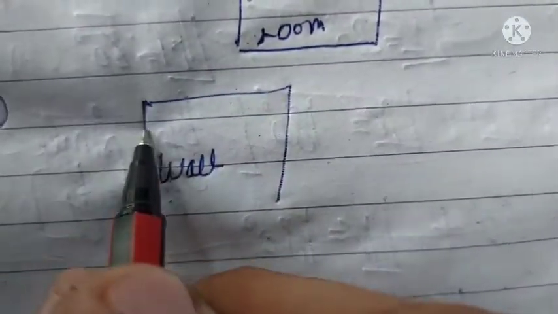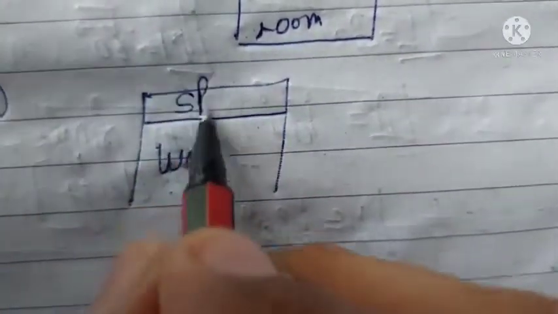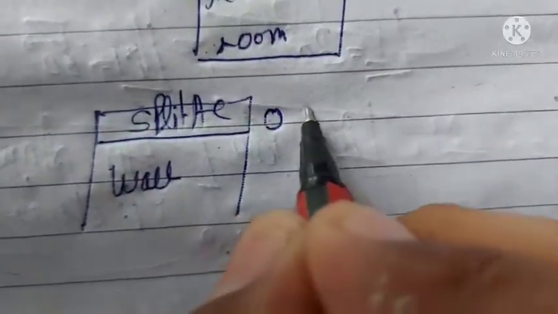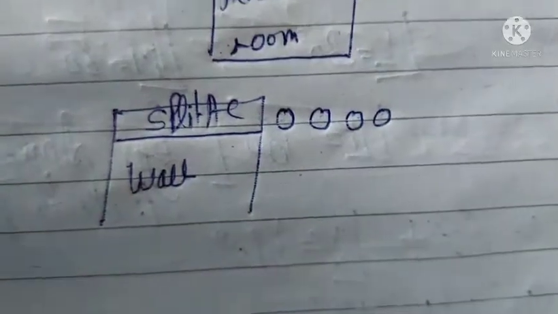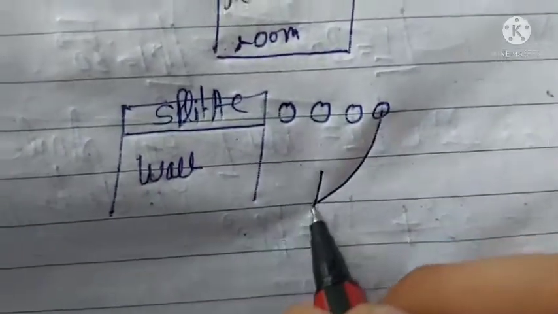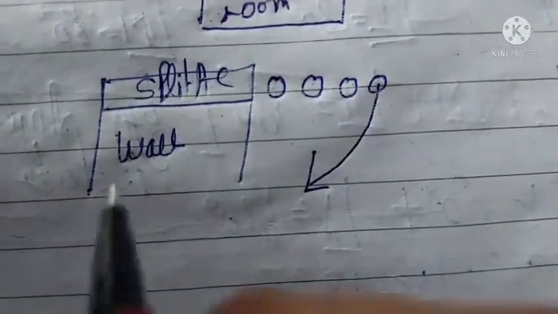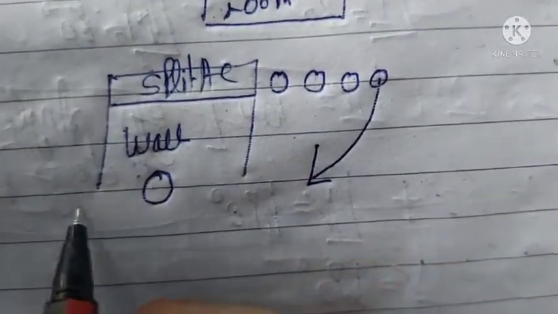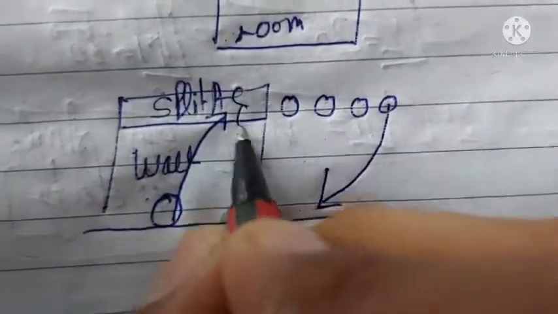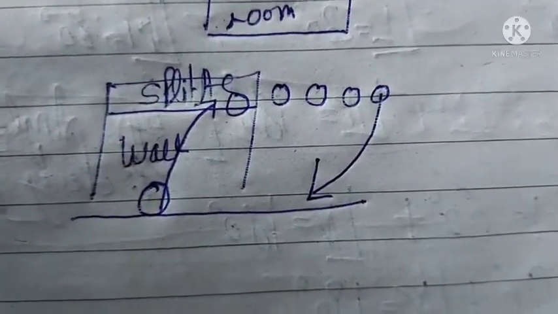And the third thing you observe daily: suppose this is the wall of your room, and here the split AC is there. The cold particles released by the split AC are heavy in weight, so they will move downward, and the hot particles near the floor of the room will rise upward and get cool when they reach the higher height.